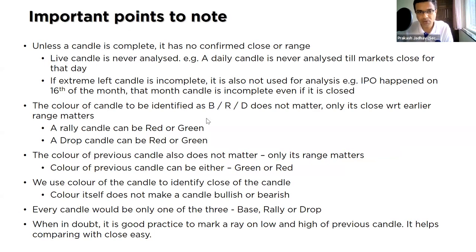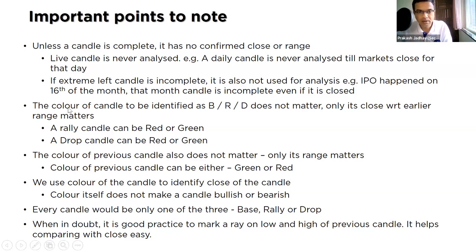Secondly, the candle on the extreme left, that is the IPO date, may be incomplete. Say the IPO was starting on the 16th of the month. So the monthly candle would be incomplete. I had shown such an example earlier. The candle starts on the 16th, when the IPO starts, but monthly candles should start from the 1st. So that monthly candle will be incomplete, and you cannot call it rally, base, or drop because it's an incomplete candle.